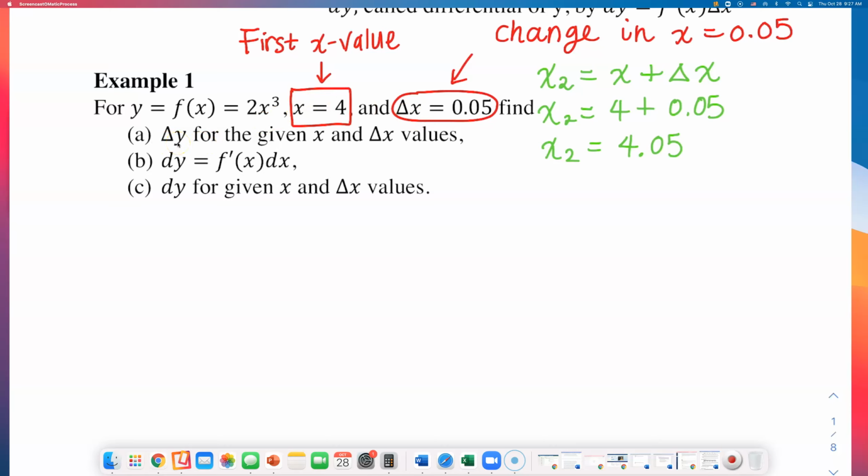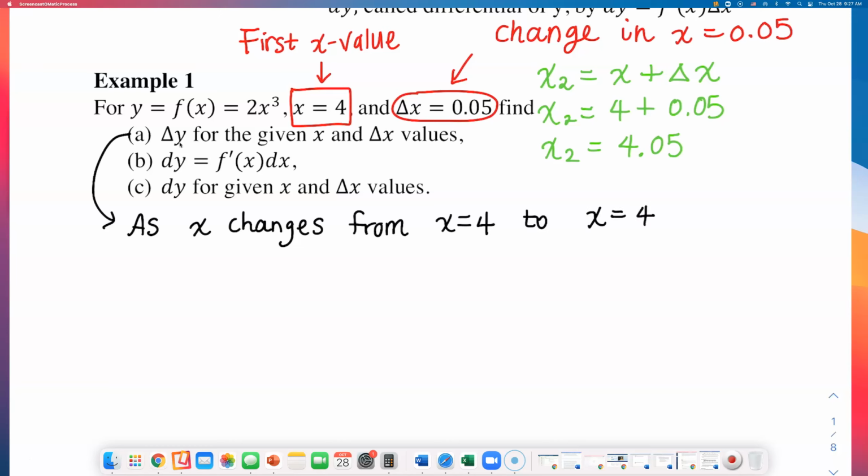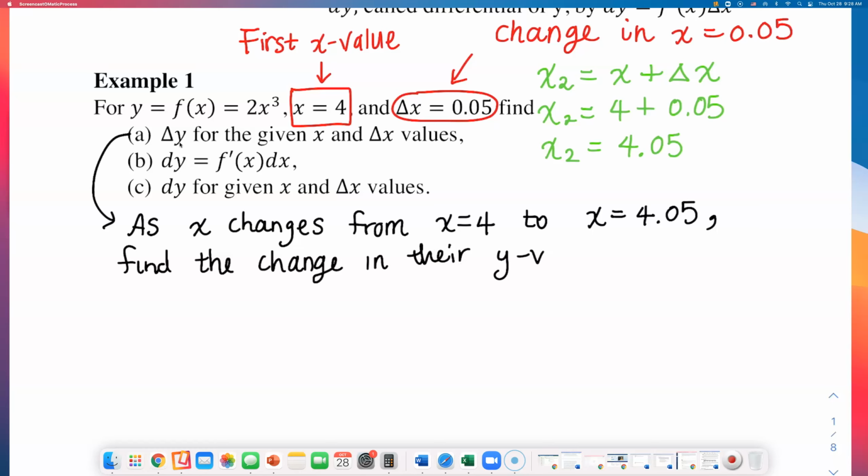So we have two x values, and part A is asking for delta y. What does that mean? So what's happening is x is changing. I'm going to go ahead and try to explain what part A is asking. As x changes from x equals 4 to x equals 4.05, find the change in their y values.